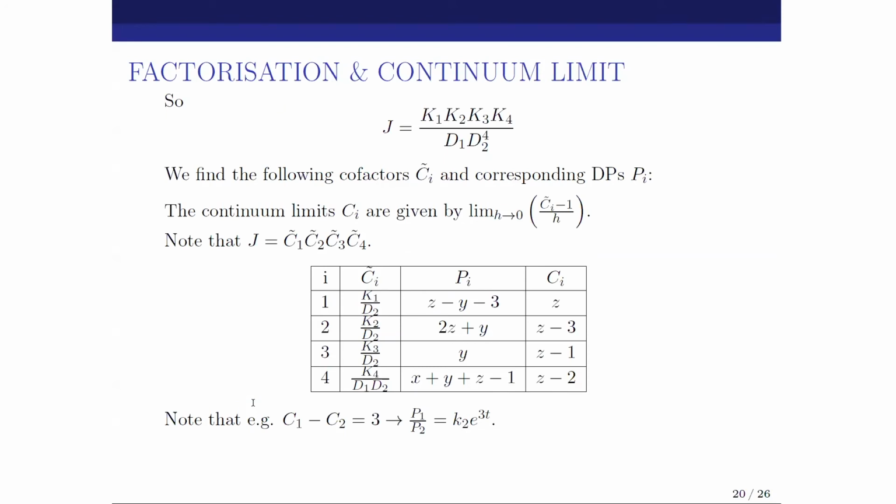In the right-hand column, we have the continuous cofactor, and in the middle, we have the Darboux polynomials. And the Darboux polynomials, you see here, don't depend on h, so they're the same for the differential equation and for the discretization.